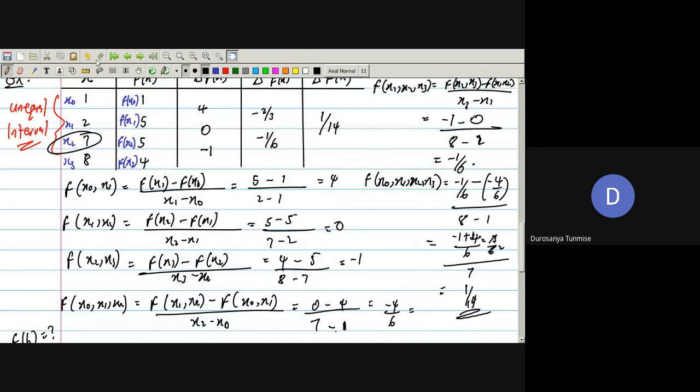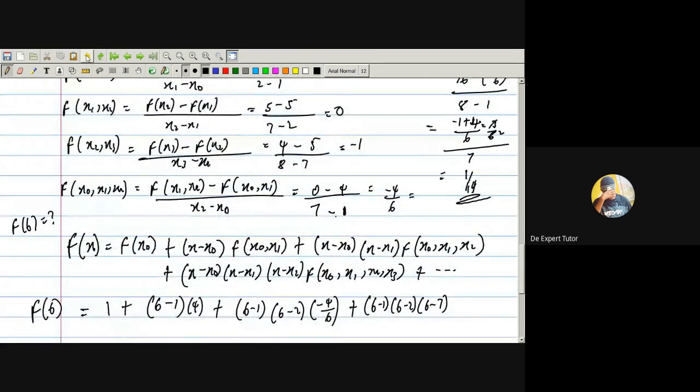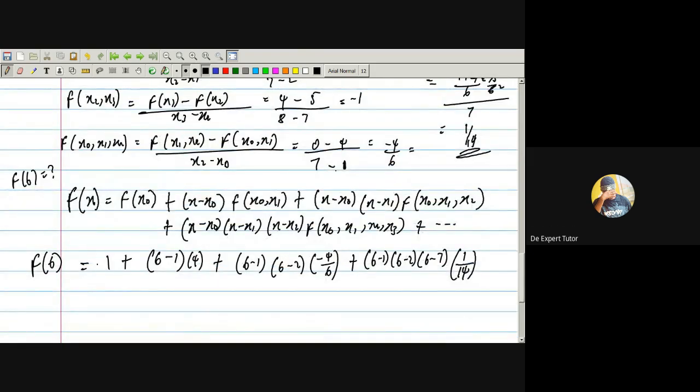Then what is now my f of x naught, x1, x2, x3? All this one is 1 over 14. Yes, let's solve. So f of 6 is equal to what? We have 1 plus 20, this is 5 times 4.